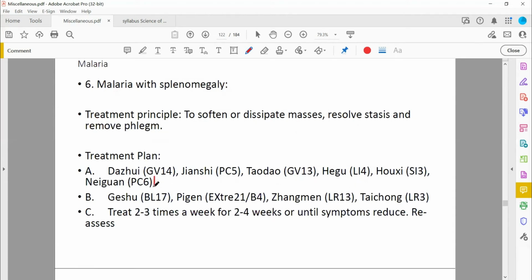So still use this point for the malaria, then use Geshu, Pigen, Zhangmen, and Taichong. So let's analyze this one. Geshu, why use Geshu?